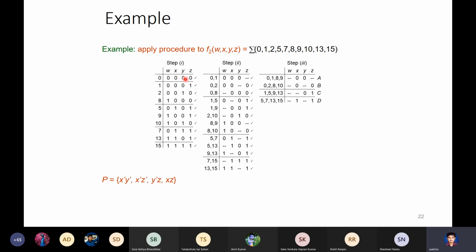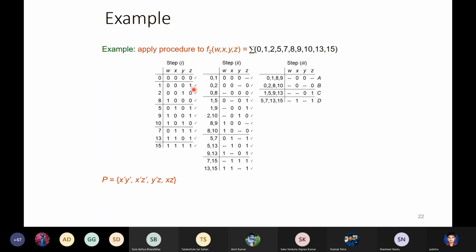I'll explain what this tick means later. This is a group with zero ones, only one will be there, obviously. Then 1, 2, and 8 contain a single one: 1 is 0001, 2 is 0010, and so on. Similarly, these are the min terms which contain 2 ones, and these contain 3 ones. Obviously, there will be a single min term, 15, which contains 4 ones.